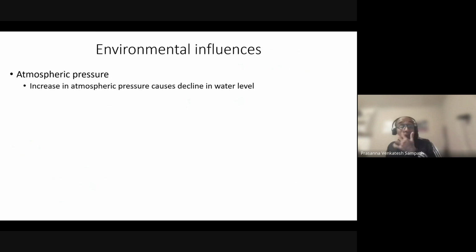Now there is an interesting phenomenon that happens. I'll just try to draw a figure right here. Let's say I have a well in an unconfined aquifer.